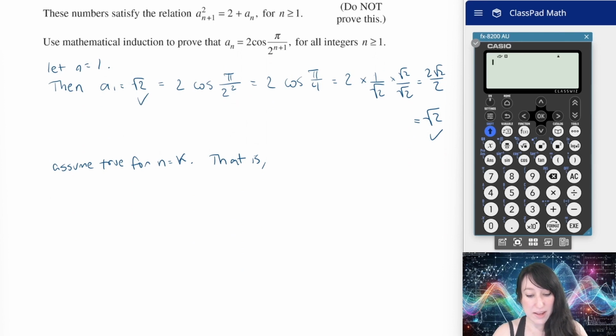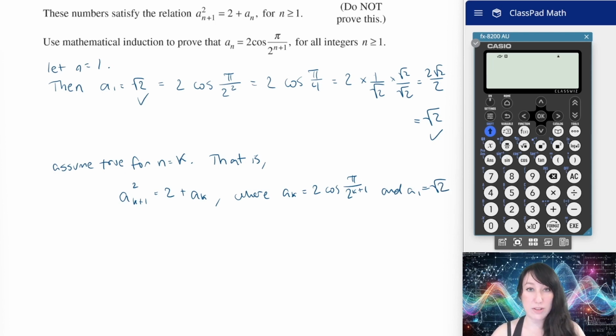So what we'll say is ak plus 1 squared equals 2 plus ak, where ak is equal to 2 cosine of pi over 2 to the k plus 1, and a1 is the square root of 2, the first term of that relation. And putting that together means ak plus 1 squared equals 2 plus 2 cosine pi over 2 to the k plus 1.